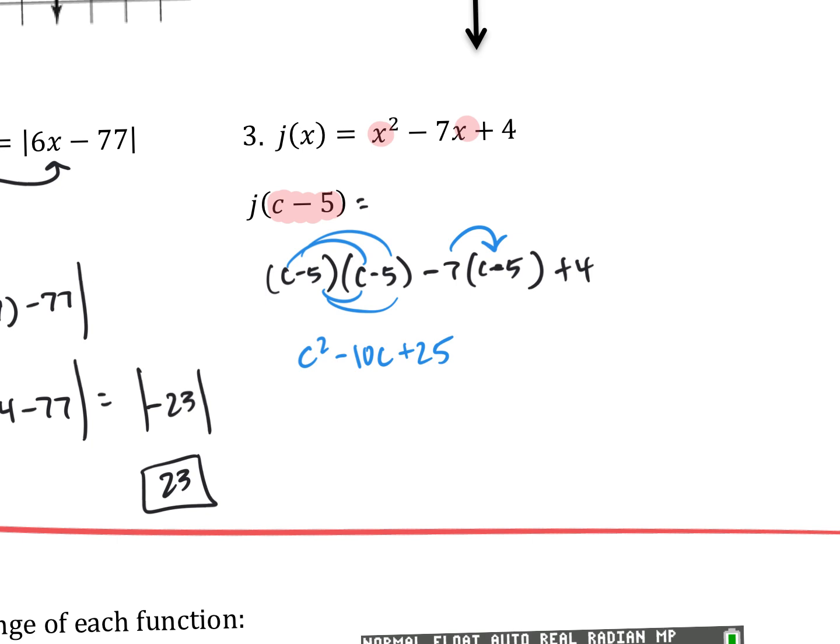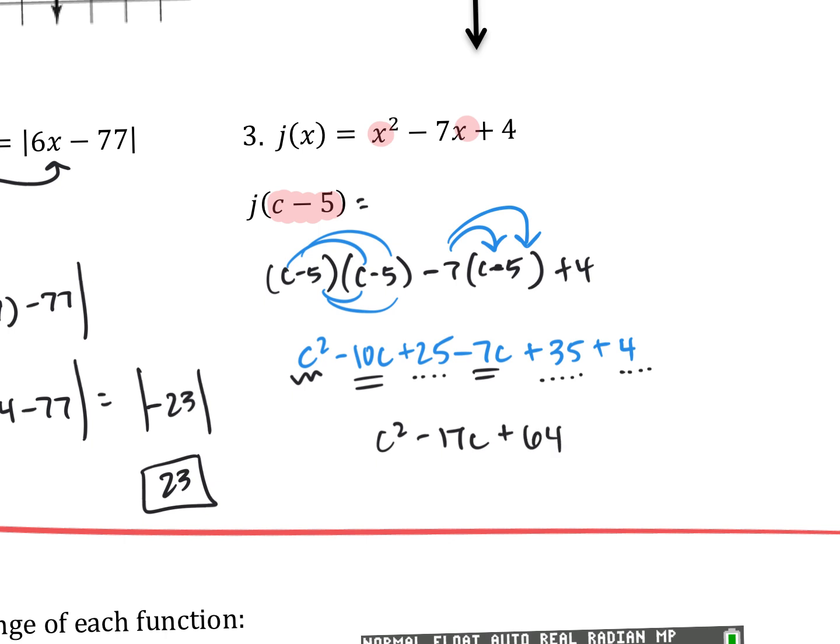Then minus 7C plus 35 plus 4. The final answer is just combining like terms. We got C squared minus 17C plus 64. Well done.